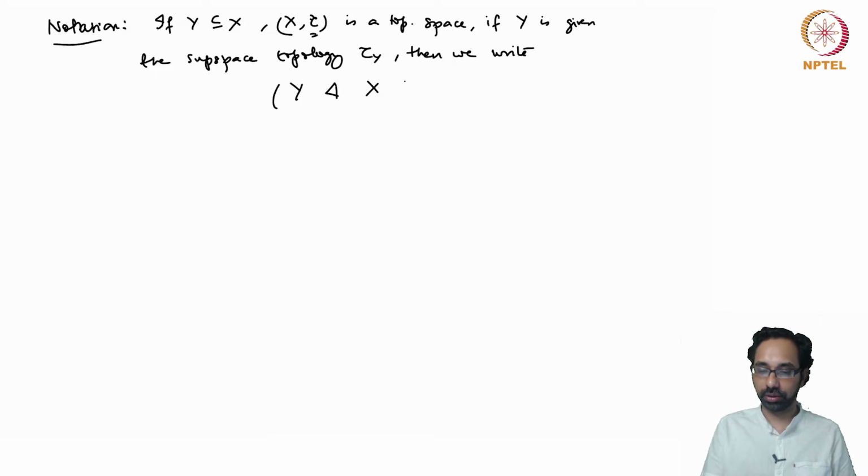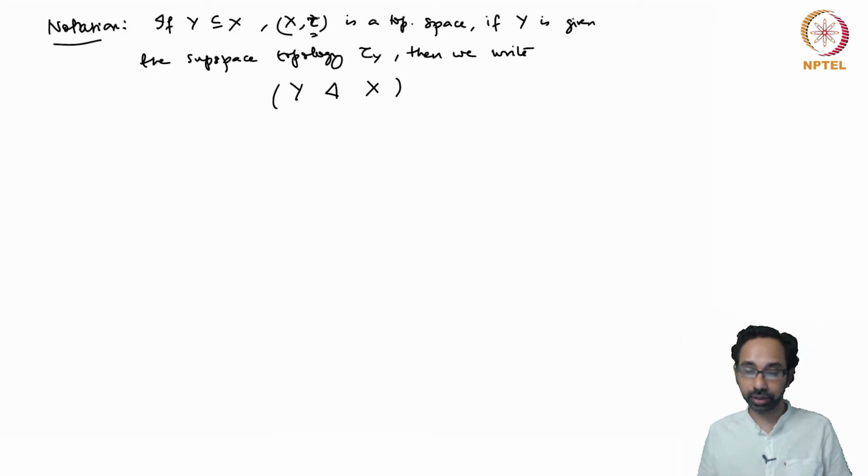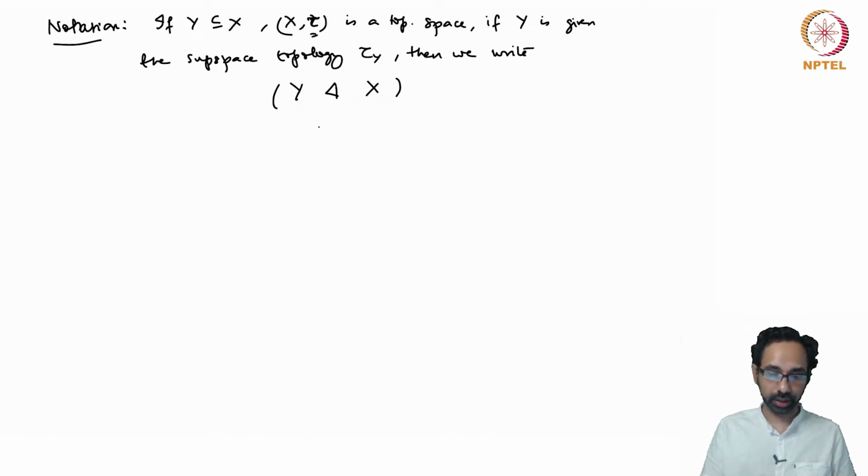We will remove the topologies tau and tau Y from the notation whenever it is clear which topologies we are talking about. Just as a shorthand we will use this notation.